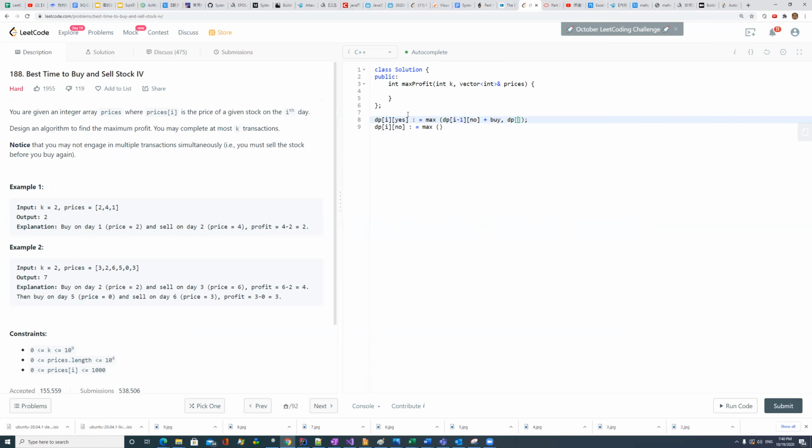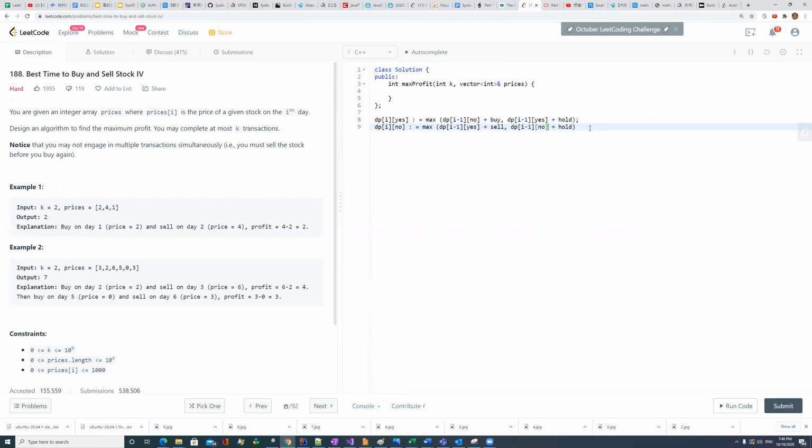And if I have the stock and I only keep holding this status. Similarly for the hold, I hold a stock and currently I will sell it. And if previously I did not hold any stock, I will keep this status.